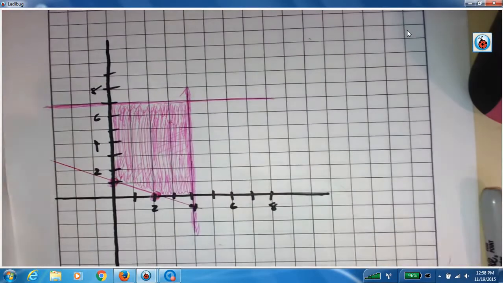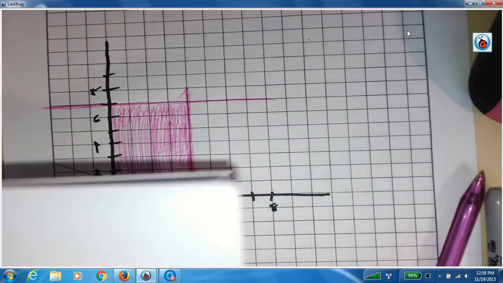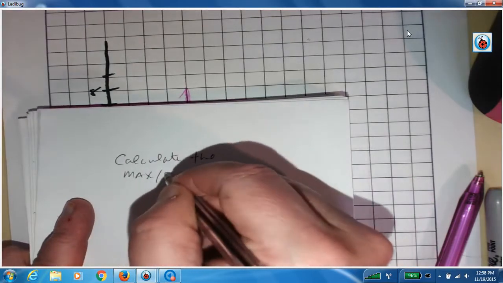Okay, now, what if I get asked about the objective function, a question about it? So for this region, calculate the max, or the min, of the objective function.